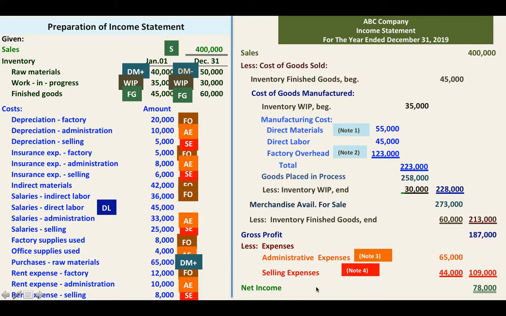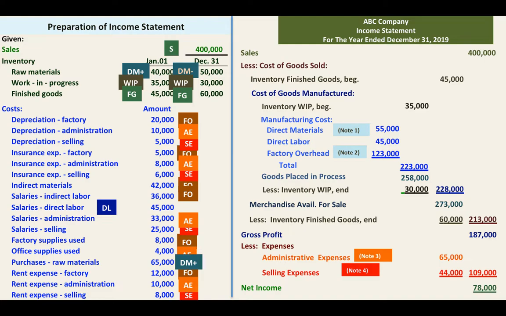Okay, class? If you did not prepare the note, you will have a long income statement because you are going to present here all the details of direct materials, then the details of factory overhead, then the details of administrative expenses. So in most cases, a company would prefer to prepare a note so that the preparation of your income statement will not be too long.